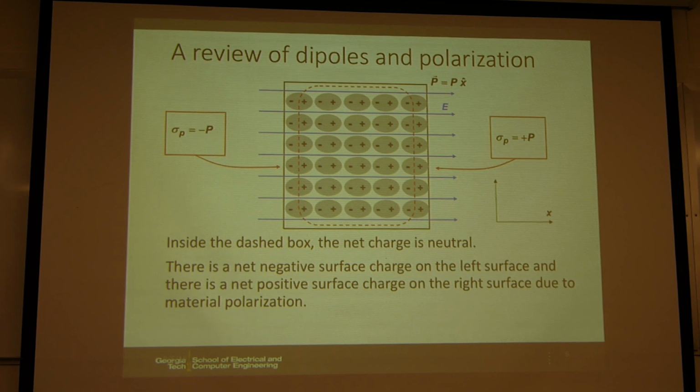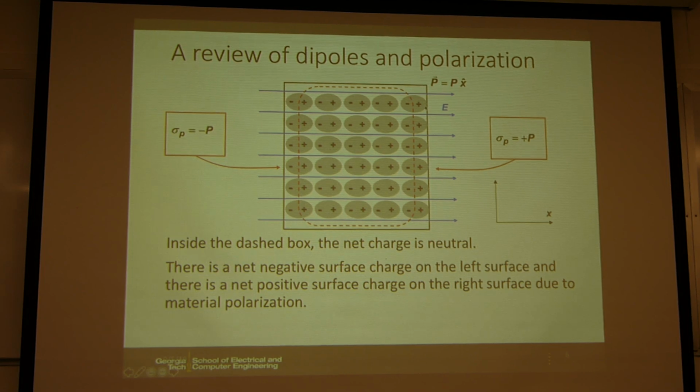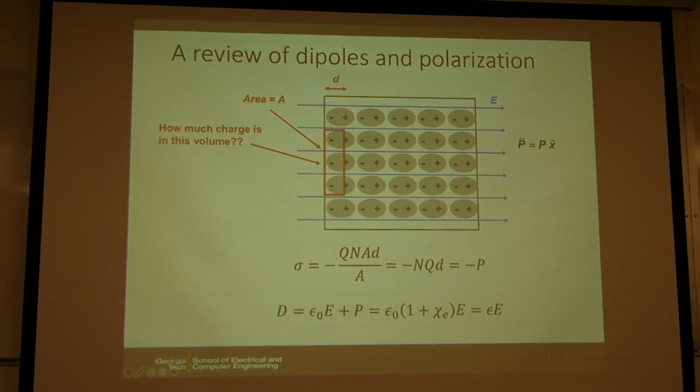So how does the surface charge relate to the polarization? If you look at this red box, inside the box is charge neutral. There is a net negative charge on the left surface, and a net positive charge on the right surface. The surface charge density is just this polarization P. How do we derive this? If you look at this box, the area times d gives you the volume, and times N gives you the total number of dipoles in this volume.